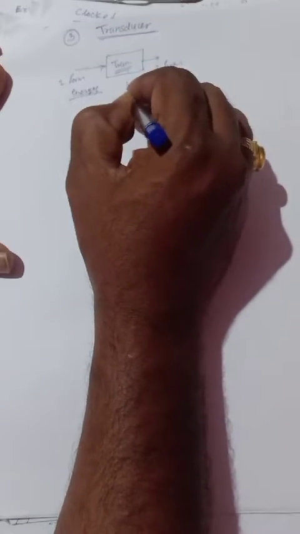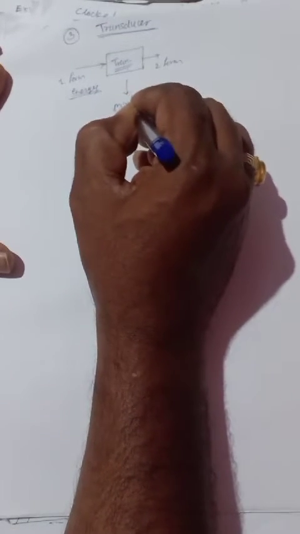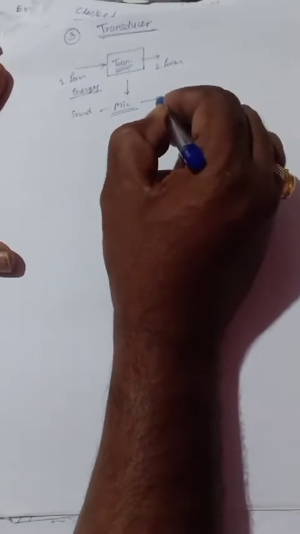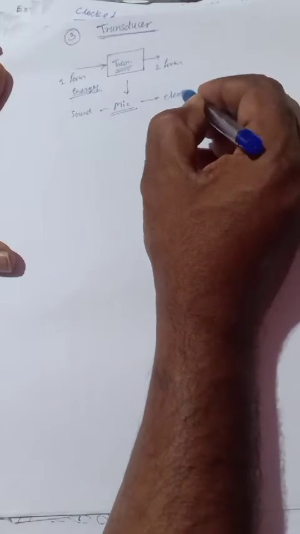An example of a transducer is a mic. What does a mic do? A mic converts sound energy into electrical energy.